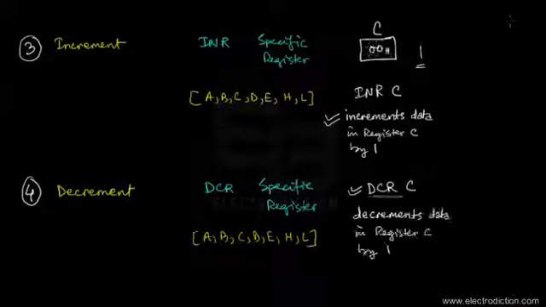So the register C right now has a data byte of 00H. You can see how the content of the register C has been decremented by 1.